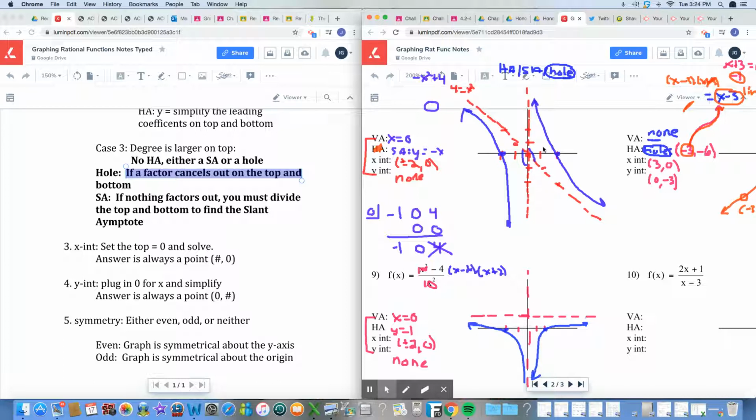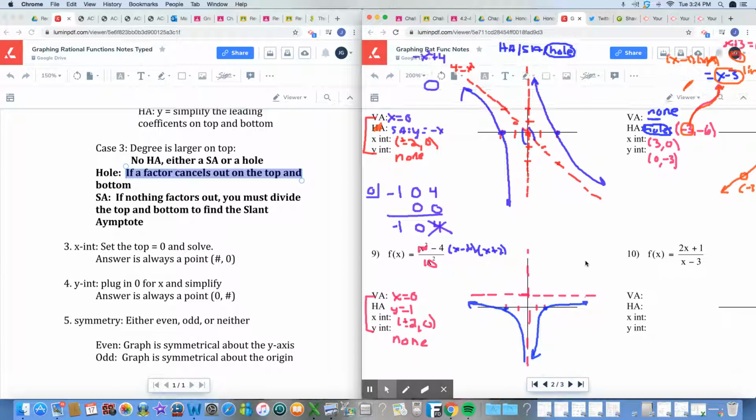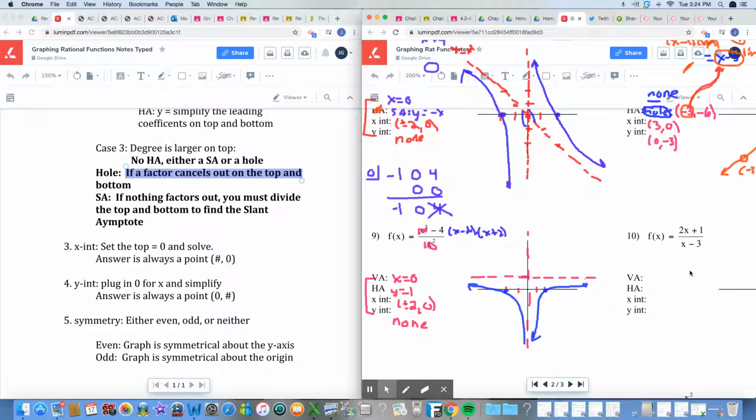If I didn't know where one of them was, we can use my trick that I showed you before, that they're always vertical angles of each other. Or you could just plug in a point and see which little quadrant. I'm calling them quadrants, but hopefully you understand how it's broken up into 4 little sections where you're going to draw your curve. So hopefully you got that one.